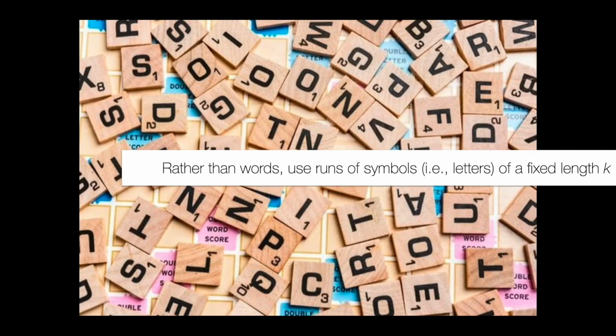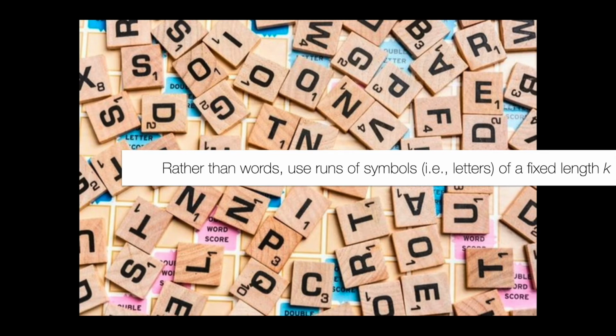So our book, Mining Massive Datasets, has a different approach to this, where we say, well, let's not care about the meaning of the word. Let's instead use runs of symbols. Ultimately, maybe we have no real understanding of what any of these words mean. So we can just look at runs of symbols or letters or numbers, these different grammatical or syntactical symbols in language.